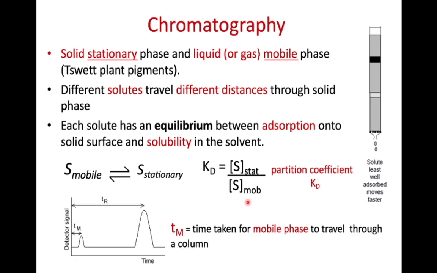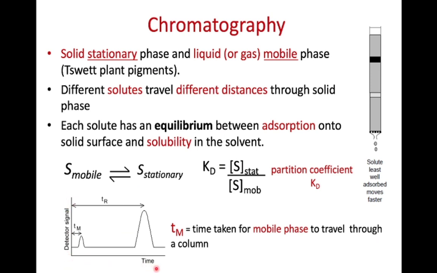When we look at a chromatogram, we will observe different peaks. We normally have the detector signal on the y-axis and time on the x-axis.